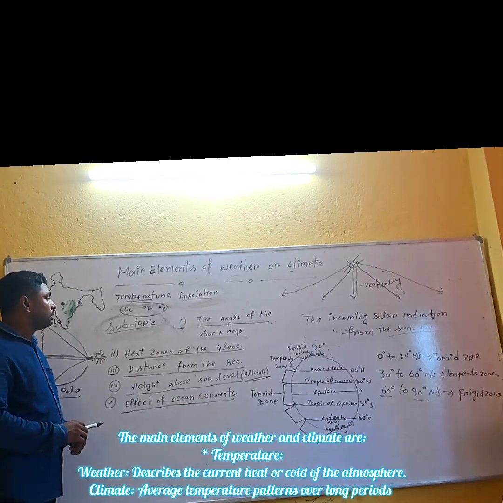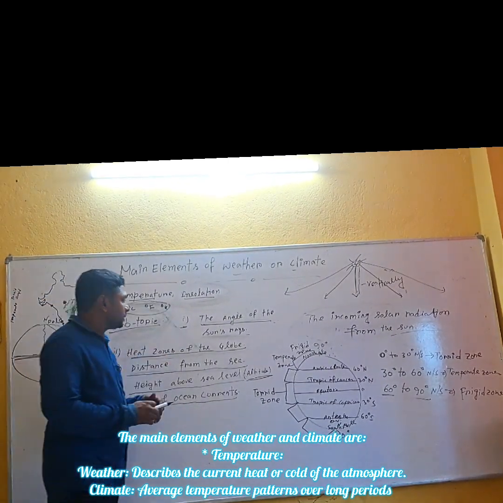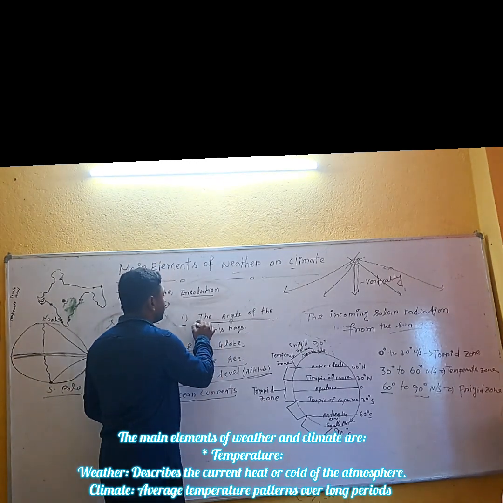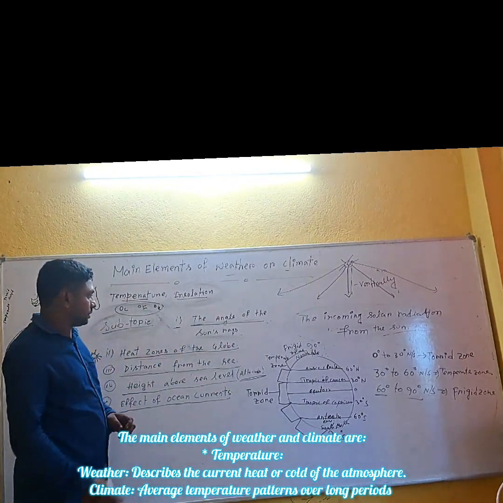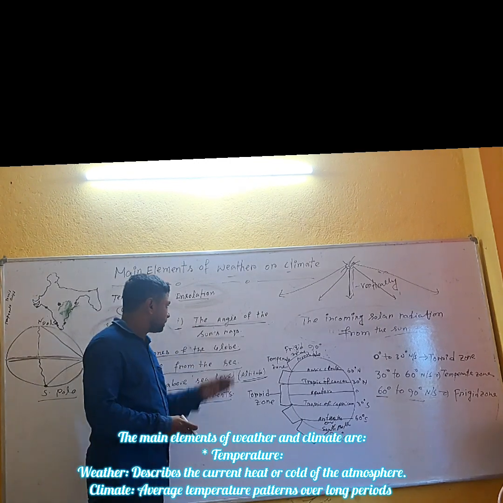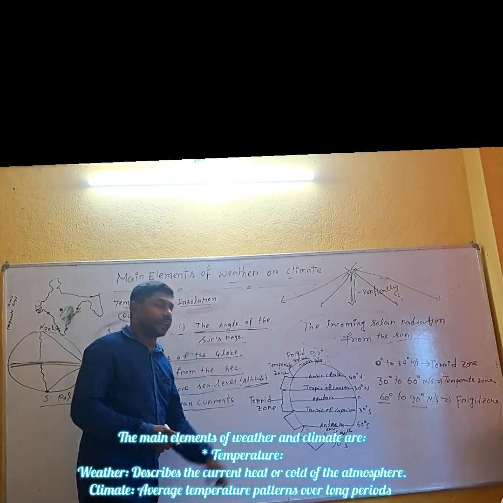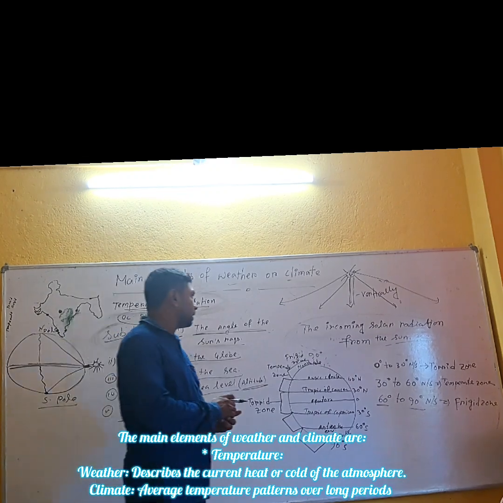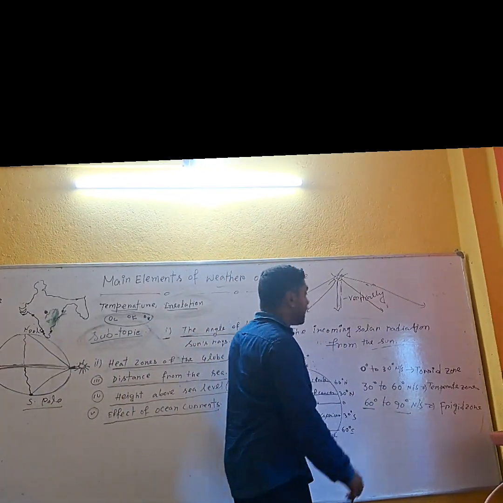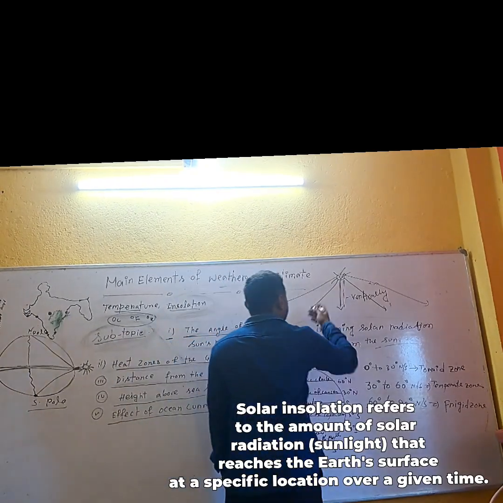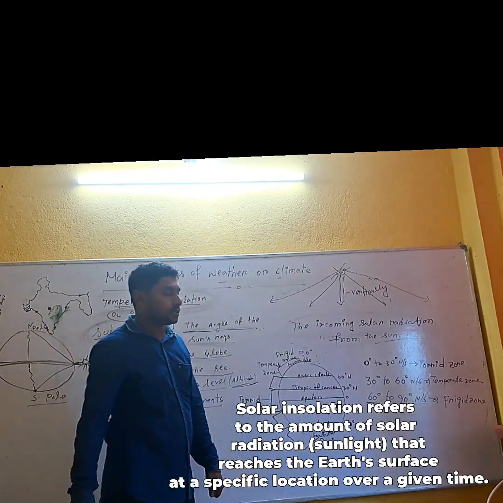So now we discuss the first factor. The first factor is the angle of the sun rays. See here, this is the sun, and this is the angle at which the sun gives us light on different parts of the earth's surface.